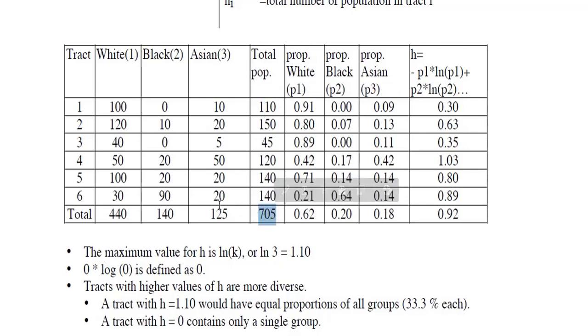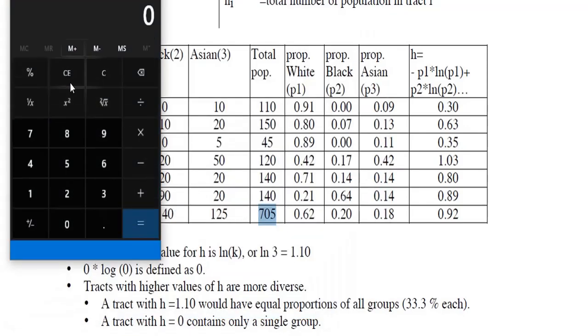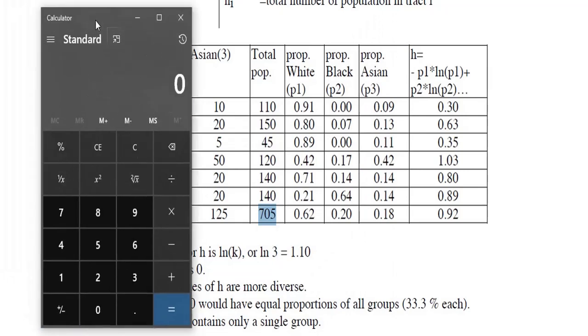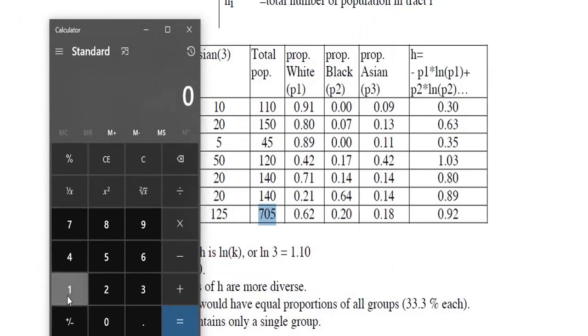So if we divide 110 by 705, let's use the calculator: 110 divided by 705. Now you will see 0.156.